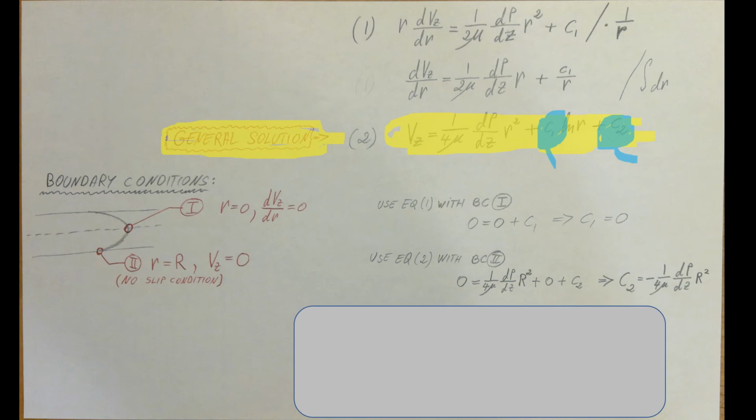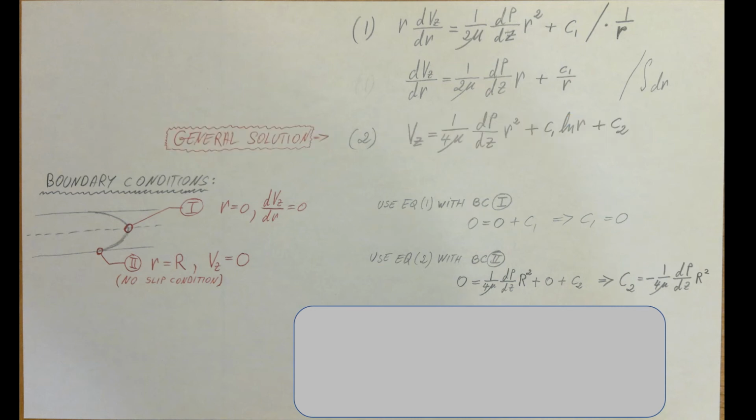We can plug into the equations that we just found and determine c1 equals 0 and c2 is equal to this constant right here, 1 over 4 times the dynamic viscosity times the pressure term and times R squared.